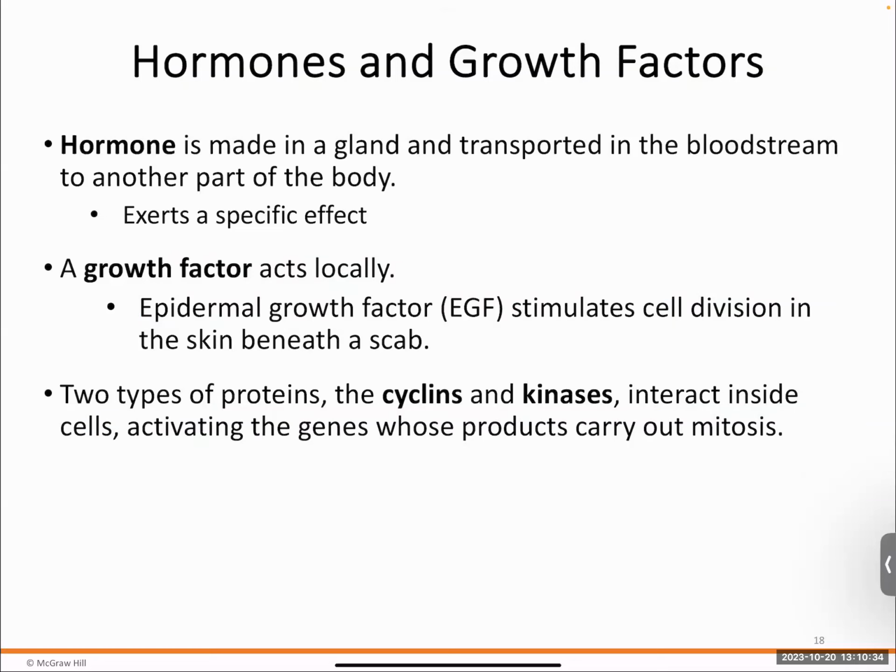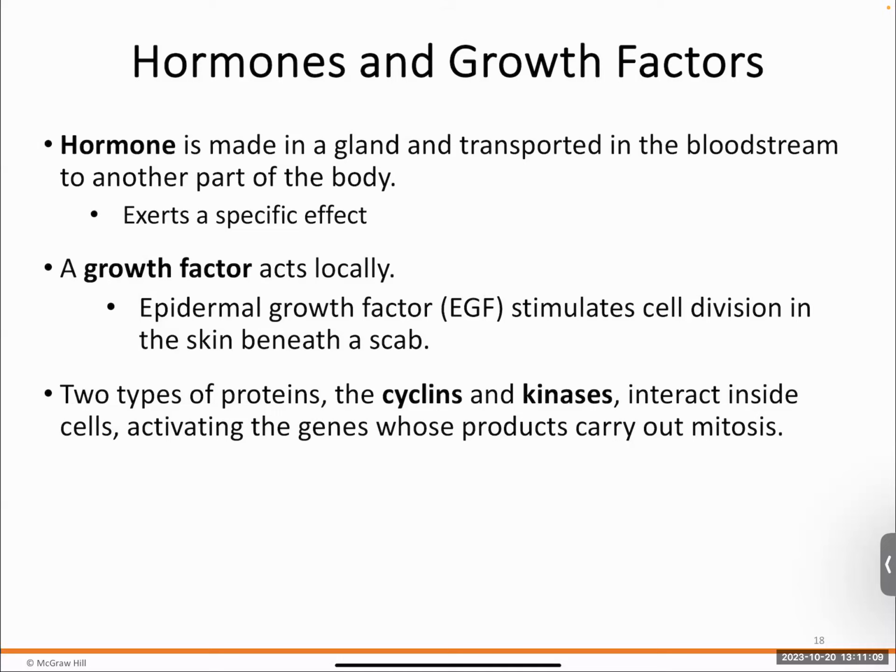Another thing that I do want to mention in terms of cell cycle, it's something to note that the rate of the cell cycle and its ability of the cells in a specific part of the body to continue replicating depend on what we consider hormones and growth factors. So if you look at the name hormones, again think about your endocrine system, the system that is responsible for producing hormones.